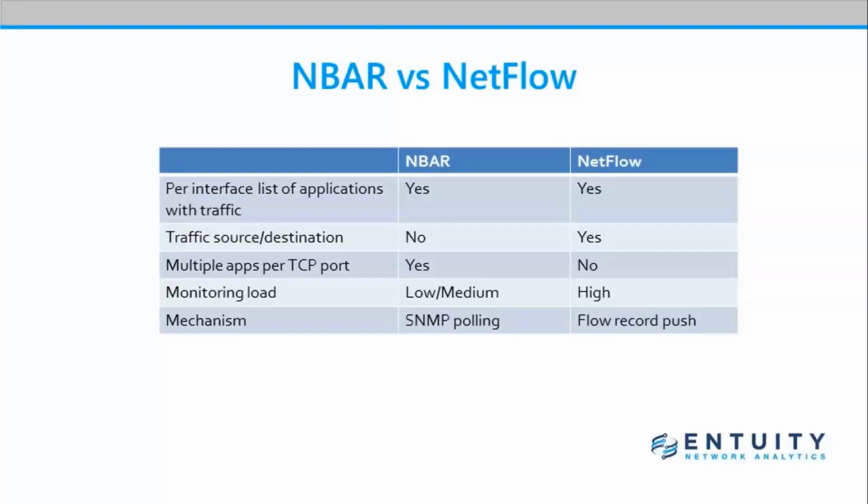When it comes to the monitoring load, any form of flow monitoring typically should be thought of as a fairly heavyweight technology. The routers are configured to send flow records back to the Intuity monitoring systems, and depending upon the number of unique conversations that are happening on the network, flowing over the ports on the routers that are providing that information, that can be a large amount of information having to come back from the routers in the form of flow records to provide the instrumentation.